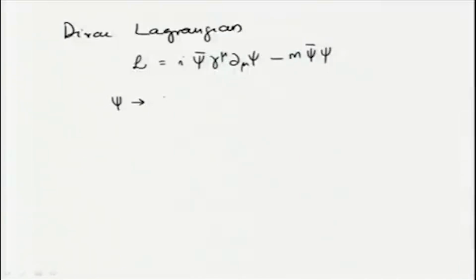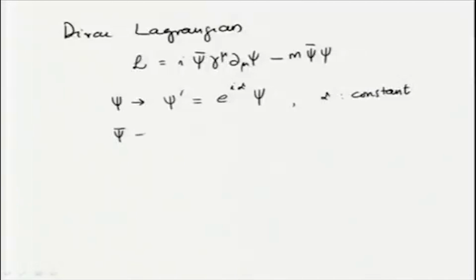of psi which goes to some psi prime, which is equal to exponential i alpha times psi, where alpha is some constant, some kind of a phase factor which we add to psi.